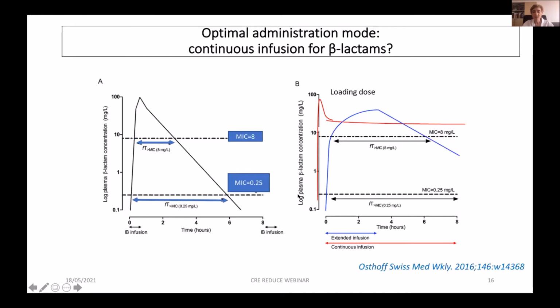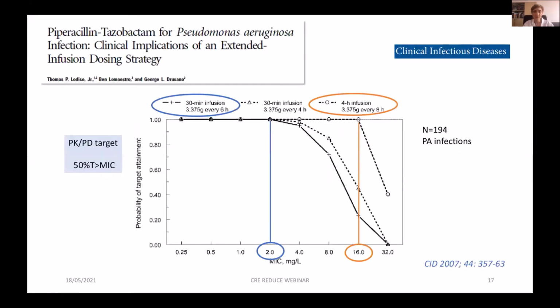Then you need to consider alternative administration modes for beta-lactams. You have represented here the use of extended infusions or continuous infusions with a loading dose to maintain the concentrations for the entire dosing interval above this high MIC. Here, as an example, an MIC of 8 milligrams per liter.